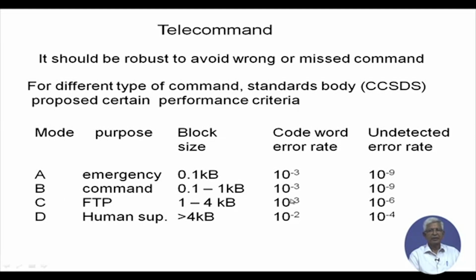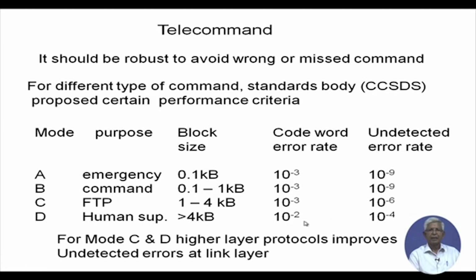The code error rate as well as the undetected error rate are the same, whereas in case of file transfer or human support system, which is mode C and D, the error rate and the undetected error rate are much higher. That can be adjusted by a higher layer of protocol, which will improve the undetected error rate. But in case of emergency and telecommand, actual command, mode A and mode B, your code error rate and undetected error rate are quite stringent.